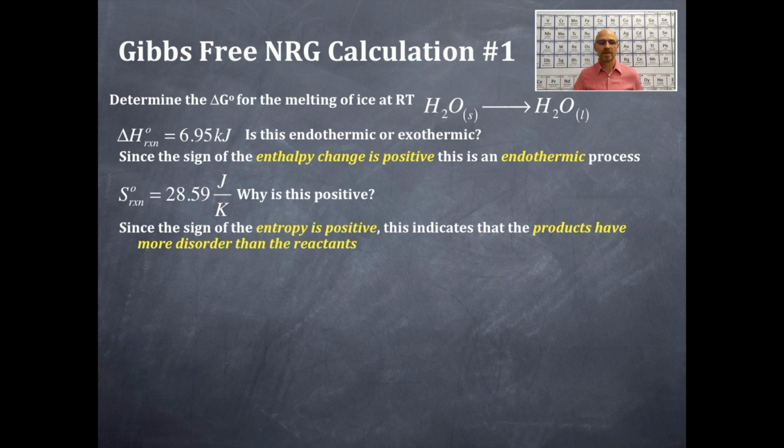Since the sign of the entropy is positive, this indicates that the products have more disorder than the reactants. That is, there is more disorder in liquid water than solid water. The solid state is very ordered and the liquid state is more disordered.